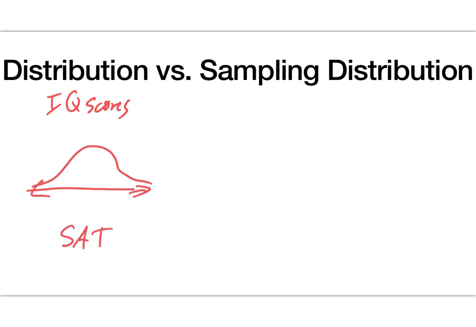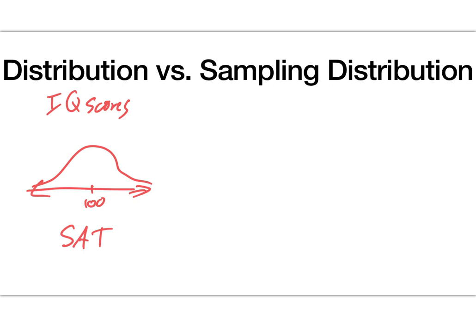SAT, if you actually took that, most people don't anymore, although I think it's coming back. Ivy League schools have started doing it, which means there's going to be a trickle-down effect. But those tests are designed to be normally distributed when they get the scores. A lot goes into designing a test to be like that. So IQ test, all right, that's a distribution.